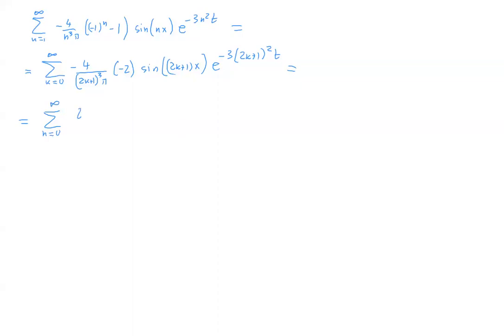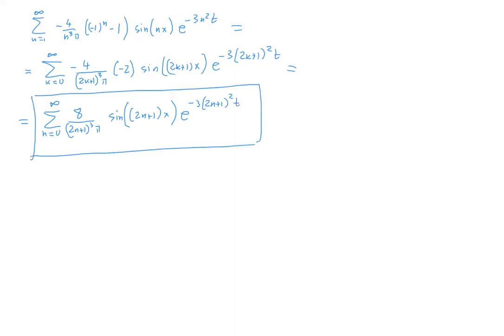And you will have 8 over (2n plus 1) to the third times pi, sine of (2n plus 1) times x, e to the -3 (2n plus 1) squared t. And that's your solution, simplified and given in a way that is both concise and quite revealing about what is going on here.